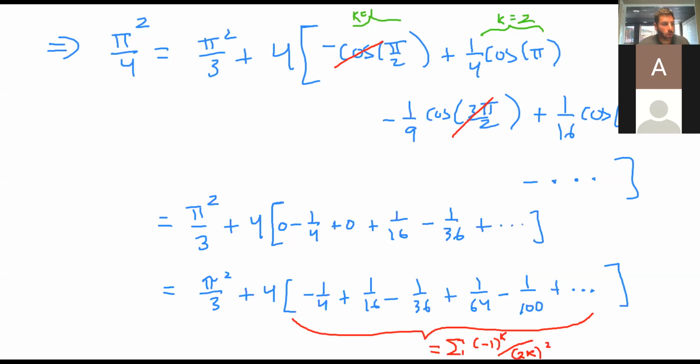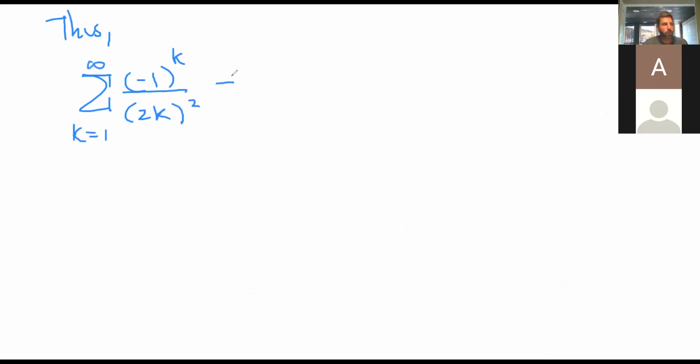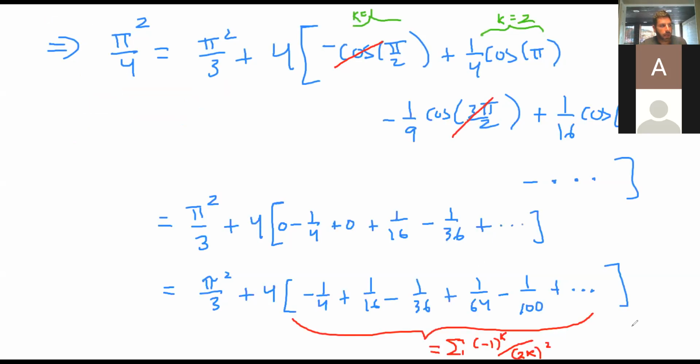Now here's what's pretty cool. Let's put this puzzle together. So our series that we had, let's write it a little cleaner. -1 to the k over 2k, quantity squared. K goes from 1 to infinity. What is it equal to? Well, if we do some algebra, you have pi squared over 4 minus pi squared over 3.